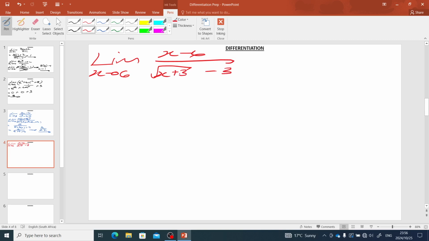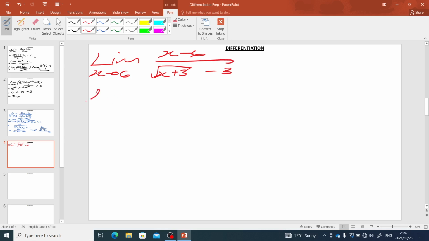When we do the direct substitution, you'd realize that our limit will be undefined. Therefore, we need to simplify it. In simplifying it, we'll rationalize. We'll use the rationalizing method to simplify the whole thing.